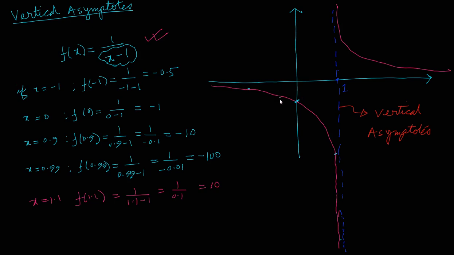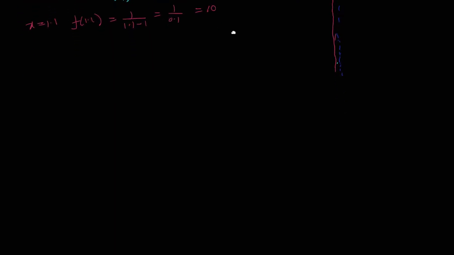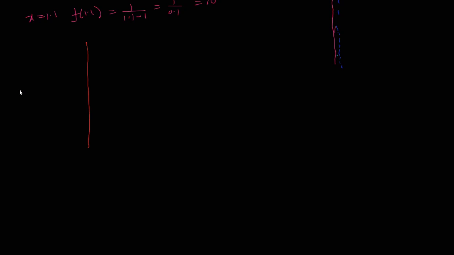All right, so let's look at some other examples of vertical asymptotes. Let's say I have a vertical asymptote here, and this time on the left hand side, let's say it is going upward, and on the right hand side it is going downward, the opposite of the other one.